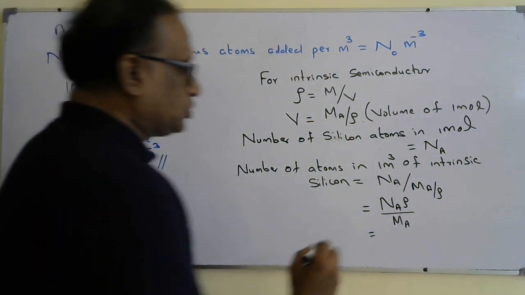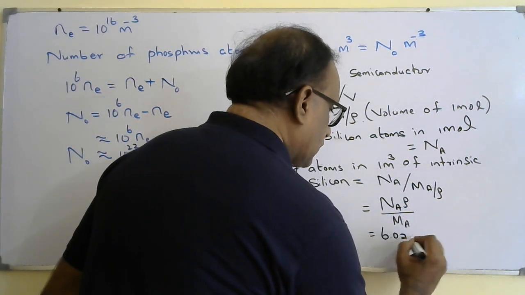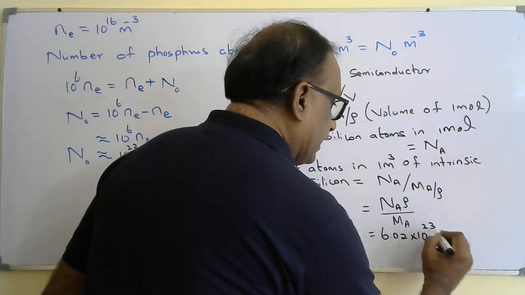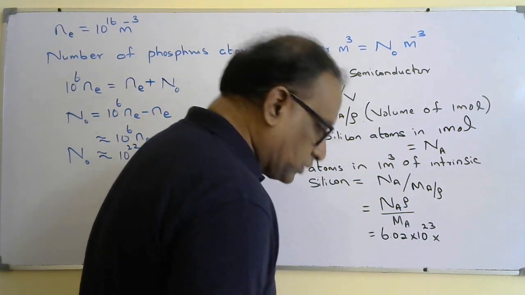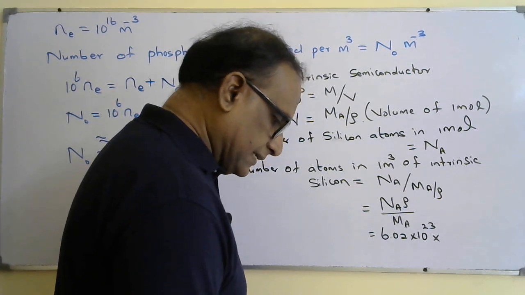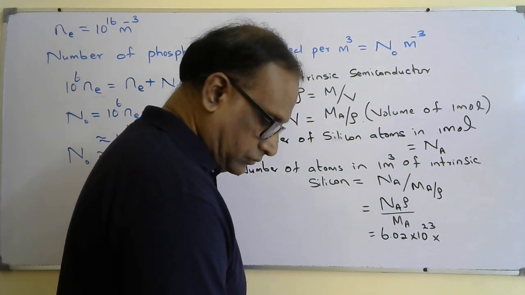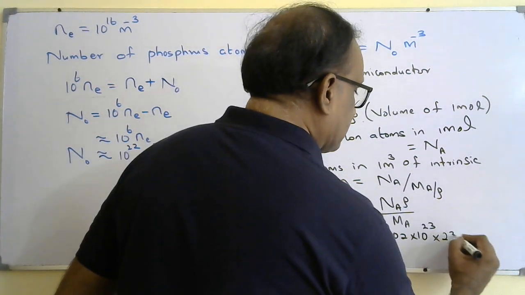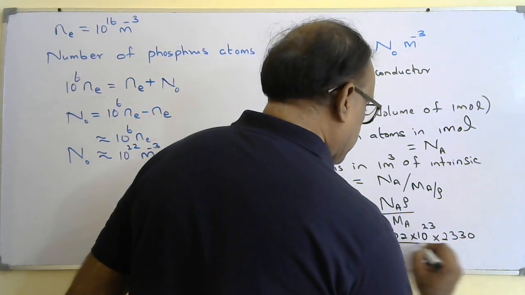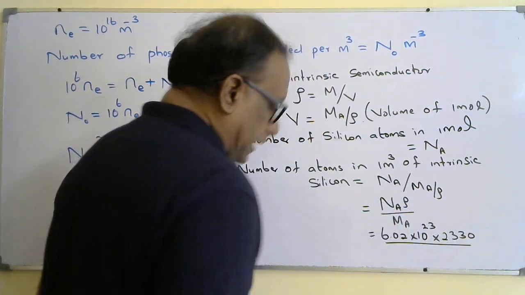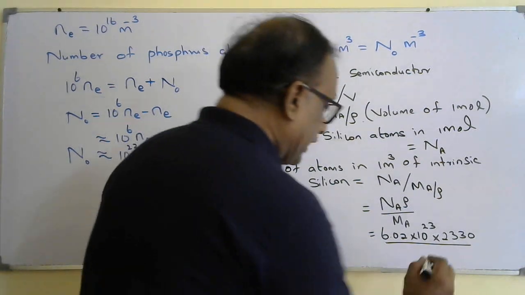Substitute 6.02 times 10 to the power 23. Density is given as 2330, I think. Yeah, 2330, divided by molar mass 0.0281.